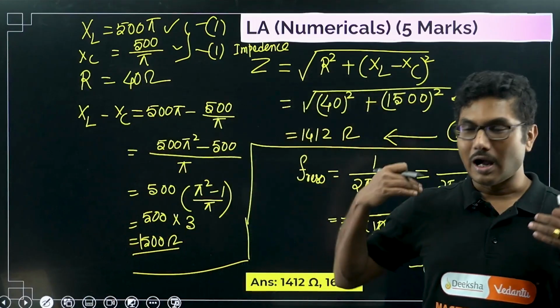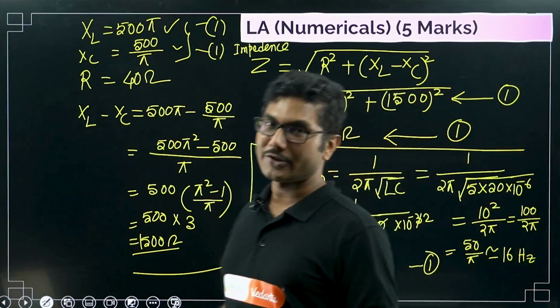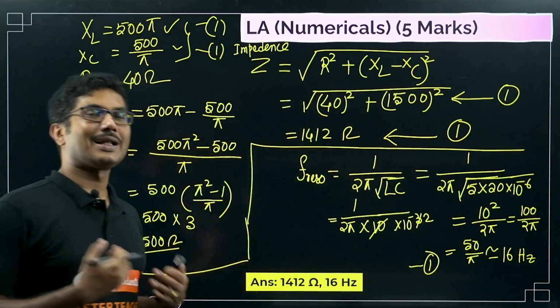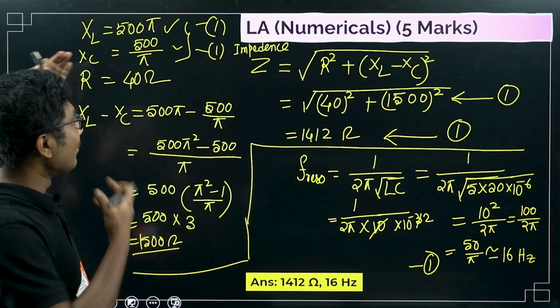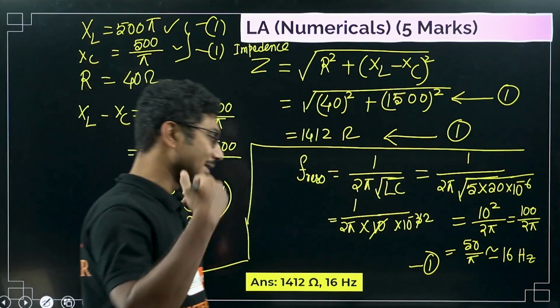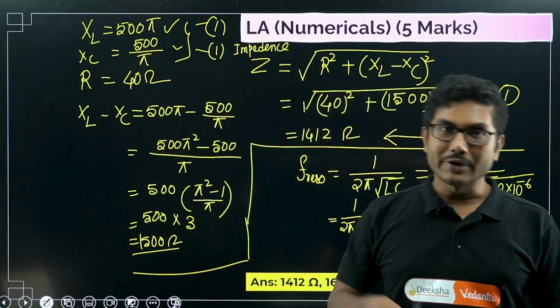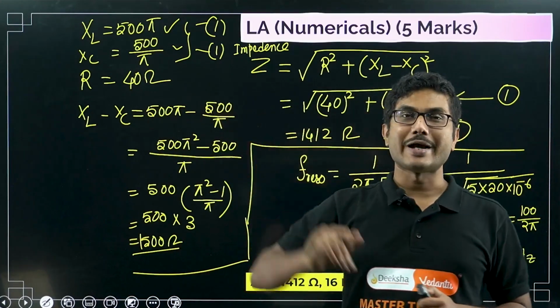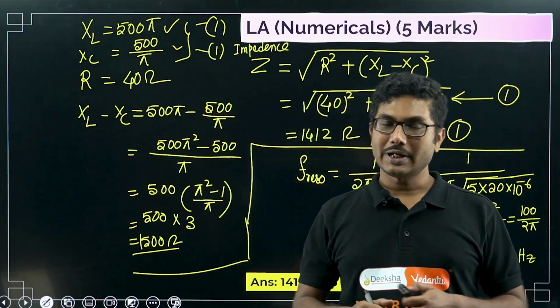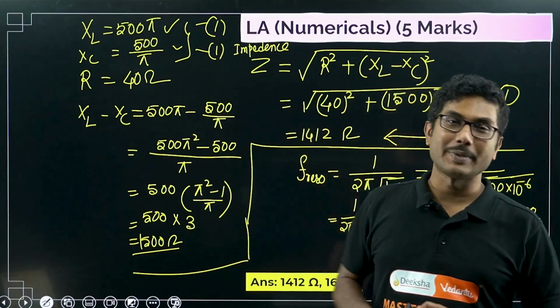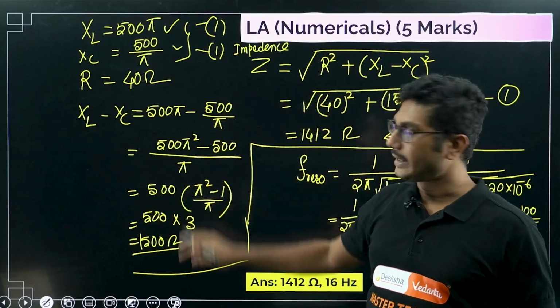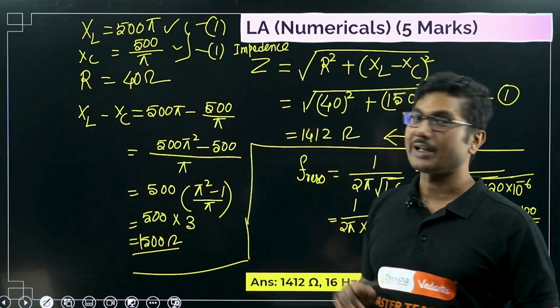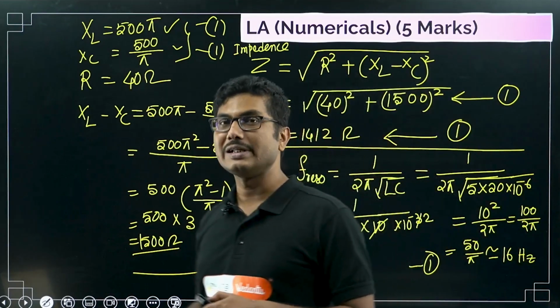Even if your final answer is not matching, if you have calculated XL and XC properly, without any mistakes, with your patience, then definitely you can score marks. Suppose you have made some mistakes while calculating Z and your answer is not exactly matching this, you will still get marks.